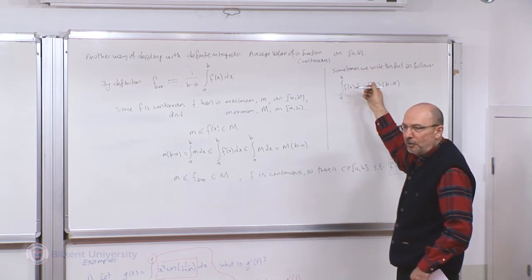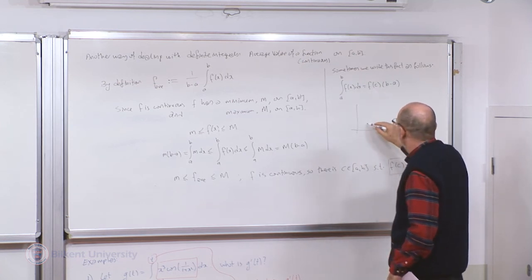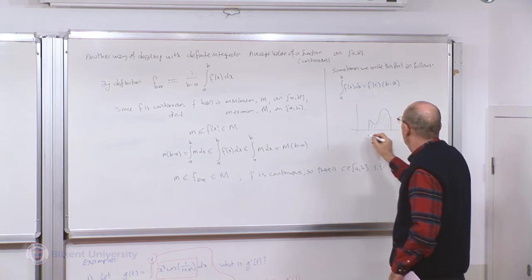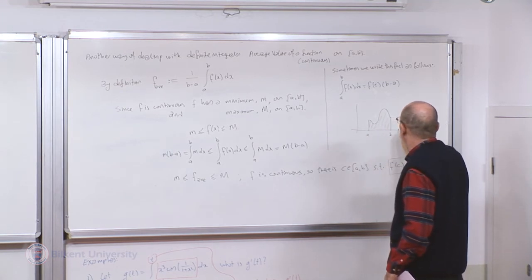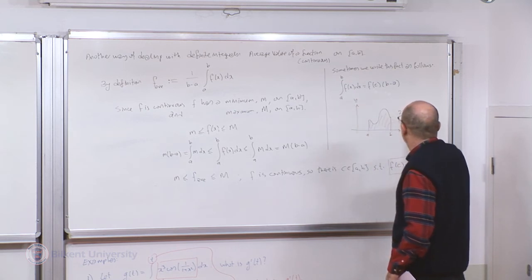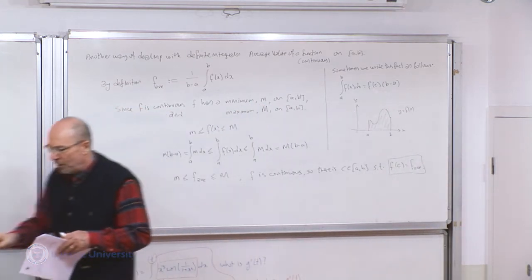Assume for the sake of this that f is always positive. Okay, so this is the graph of f. We are trying to find this area. This is a, this is b, x, y, and this is y equals f of x.